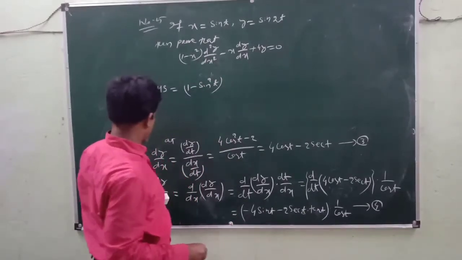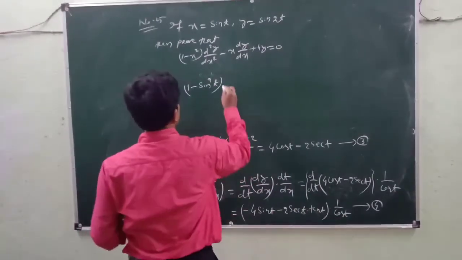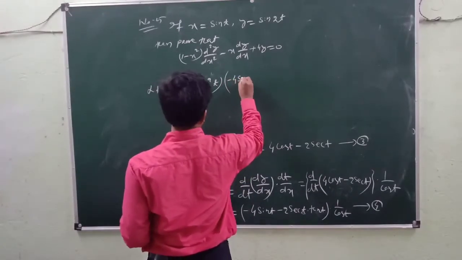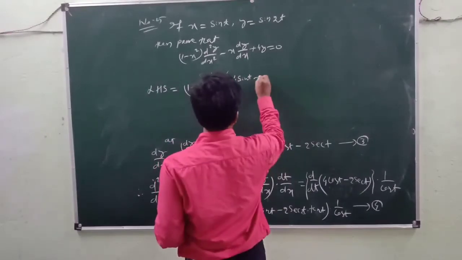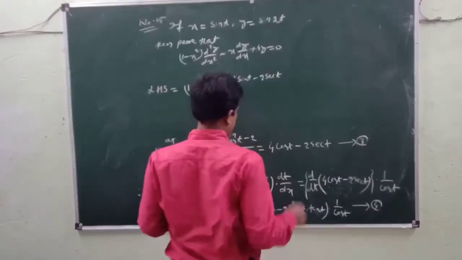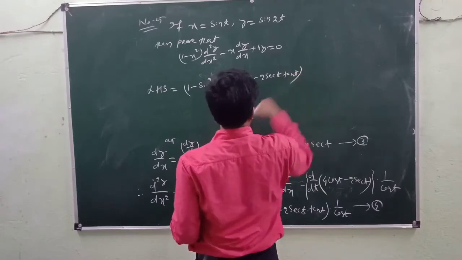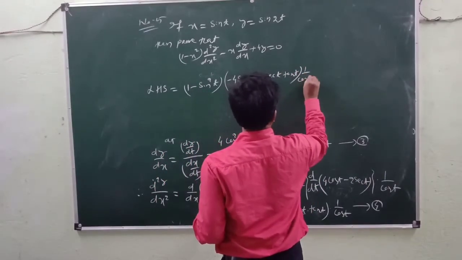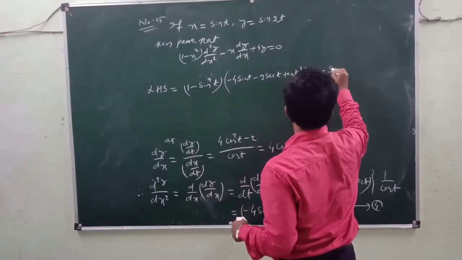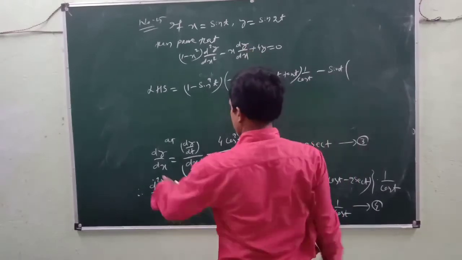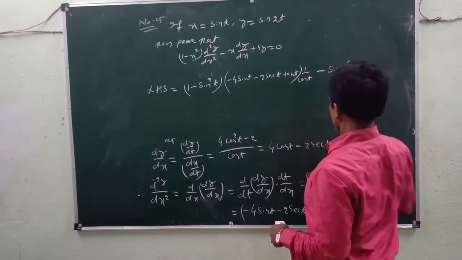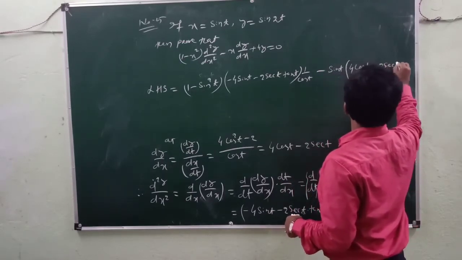Then the value of d square y by dx square from 4, it is minus 4 sin t minus 2 sec t into tan t into 1 by cos t, then minus here x, the value of x is sin t, then dy by dx from 3, the value of dy by dx that equal to 4 cos t minus 2 sec t.